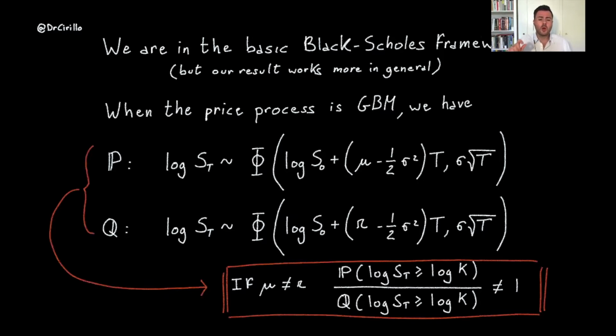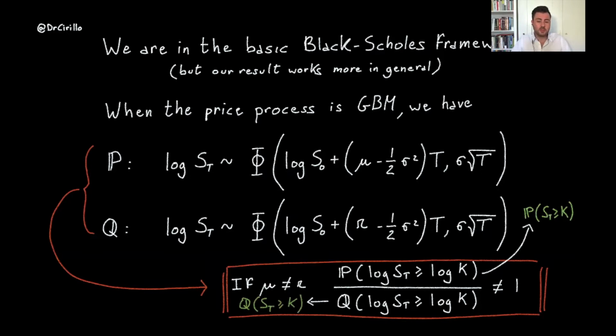I can always consider an event, and an event for me can be the probability to be in the money at maturity. Now, given the connection between the normal and log normal distribution, the probability that log of S capital T being larger than log of K, under P or under Q, corresponds to the probability, under P and under Q, of S capital T being larger than K.